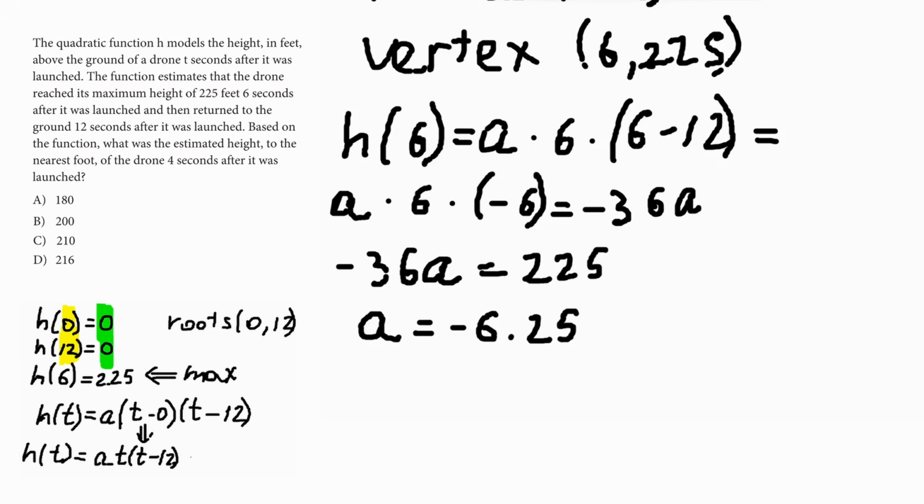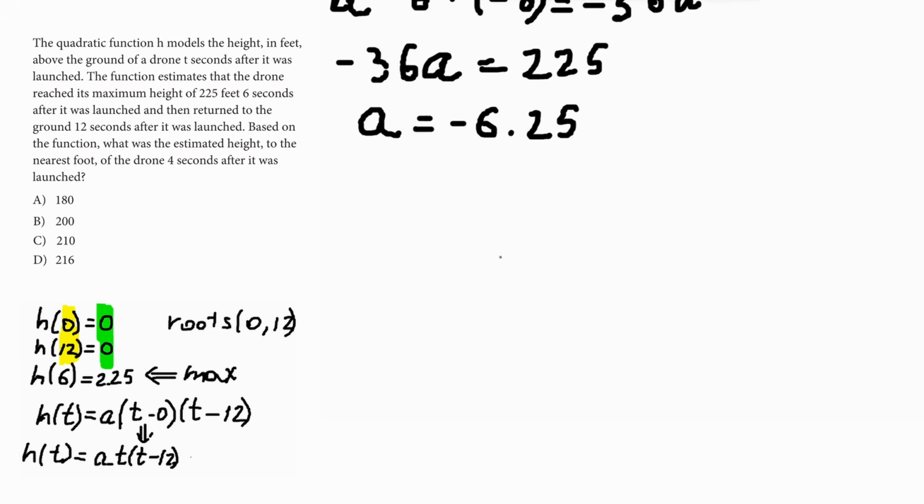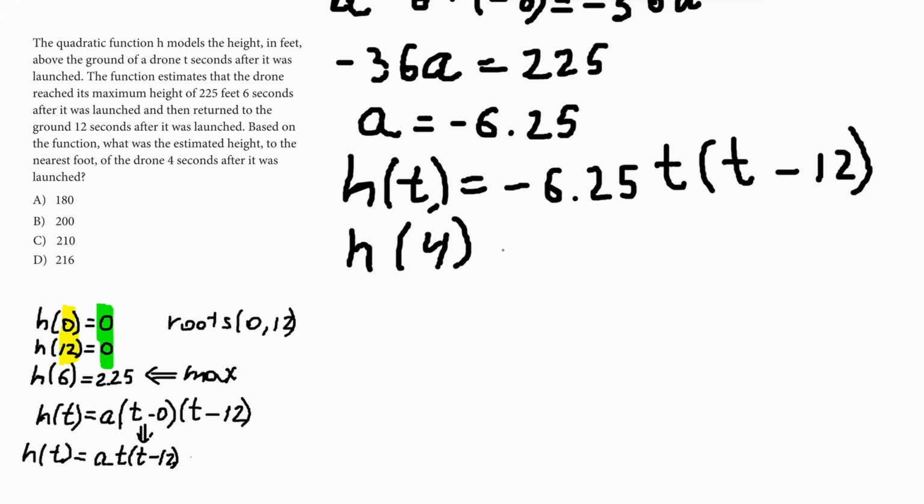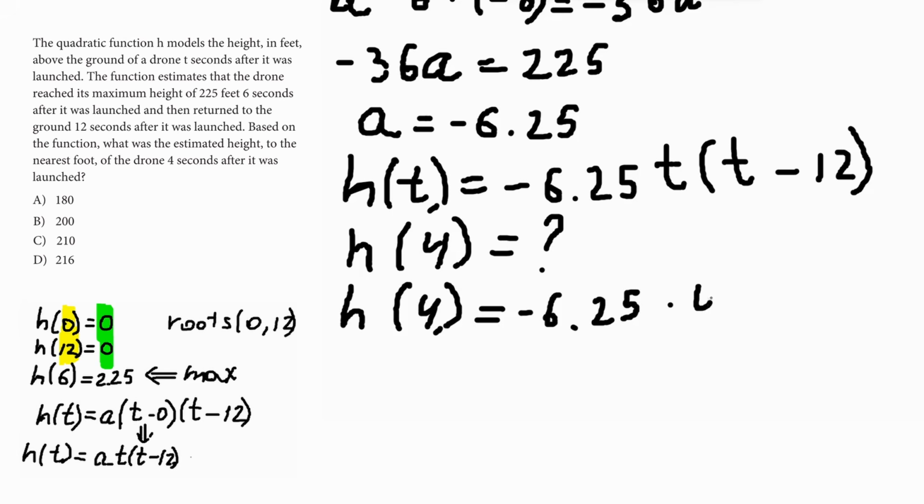So now the question is asking us to find the height when t equals 4. And before that, let me rewrite the full equation. So here it is. So when t equals 4, what's the value of h of 4? So that's going to be negative 6.25 multiplied by 4 minus 12.